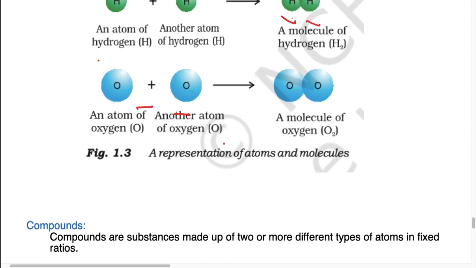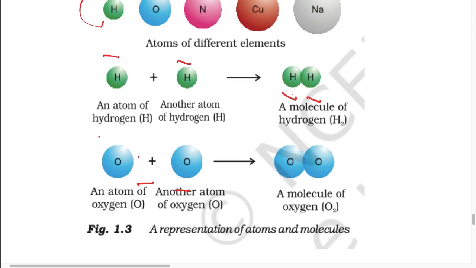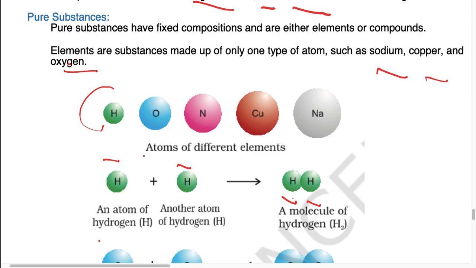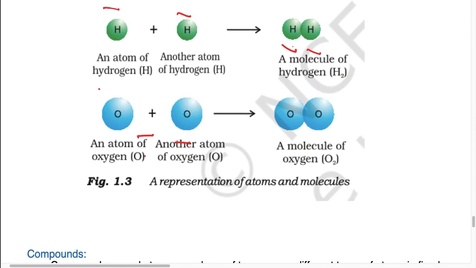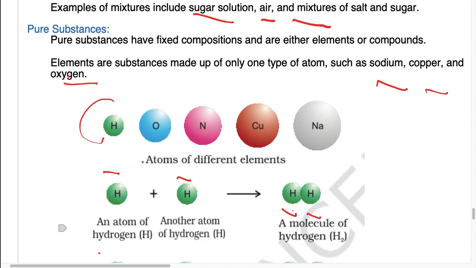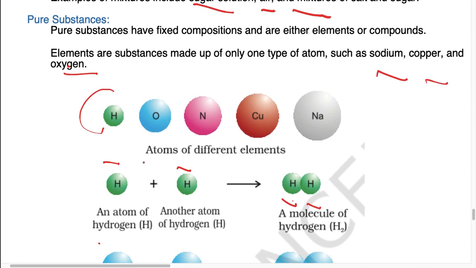So the basic difference between elements and compounds is the proportion of the constituent elements.